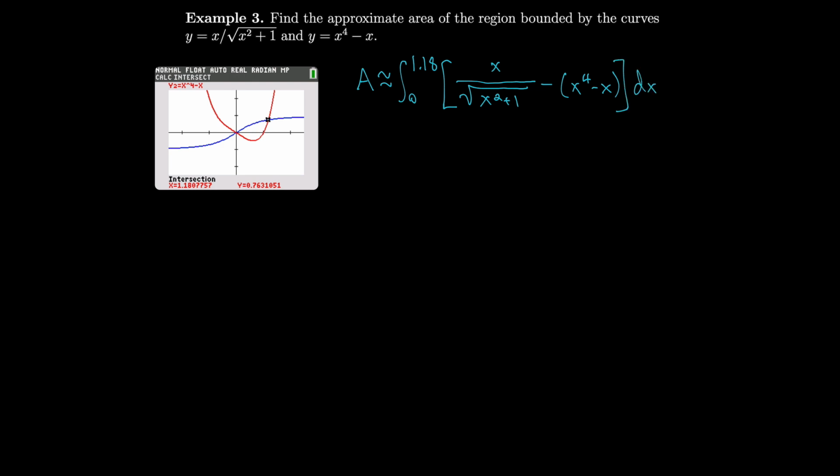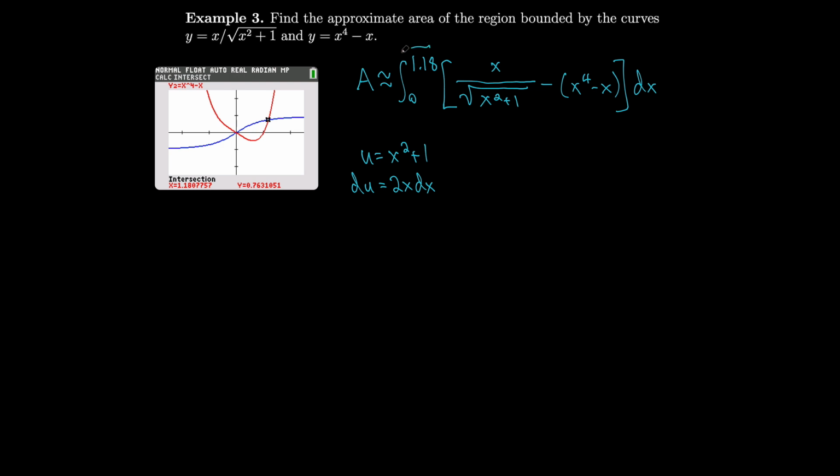We have a bit of an issue here. This looks easy to integrate with the reverse power rule, but my other half of the integral looks a little bit challenging. So how about we take a break and let u equal x squared plus 1. That means du will be the derivative, 2x dx.